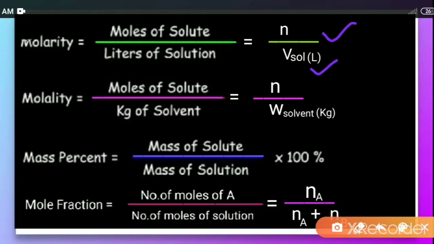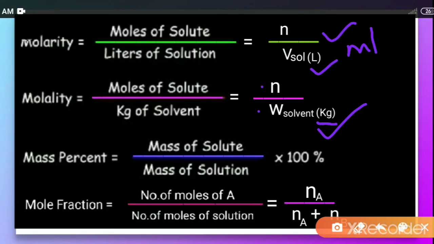Next, molality, that is number of moles of solute dissolved in 1 kg of solvent. That is the mass of solvent and it is expressed in terms of kg. But in the case of molarity, if the volume is given in ml, at the time you have to multiply by 1000.